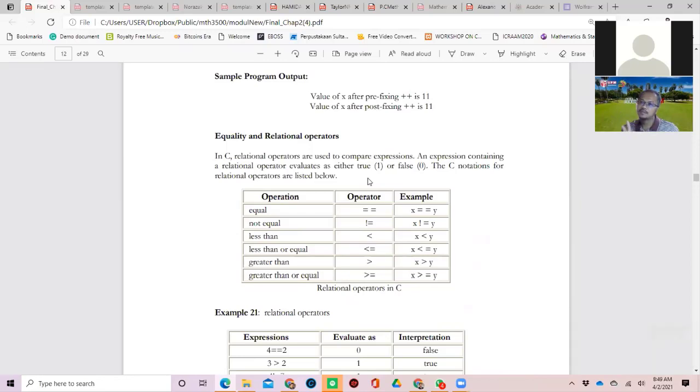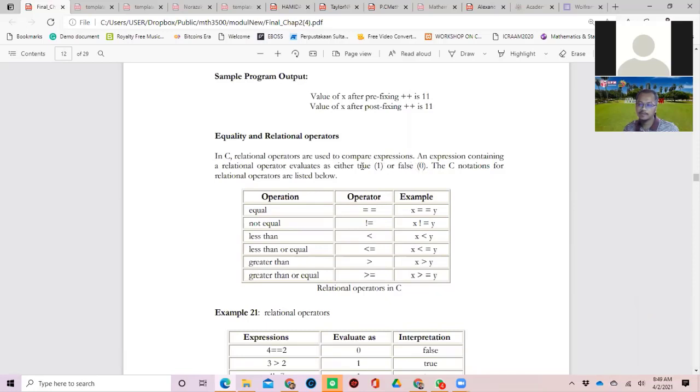In C, true is considered as the value 1, and false in C is considered as 0. In terms of value, true is 1, false is 0.